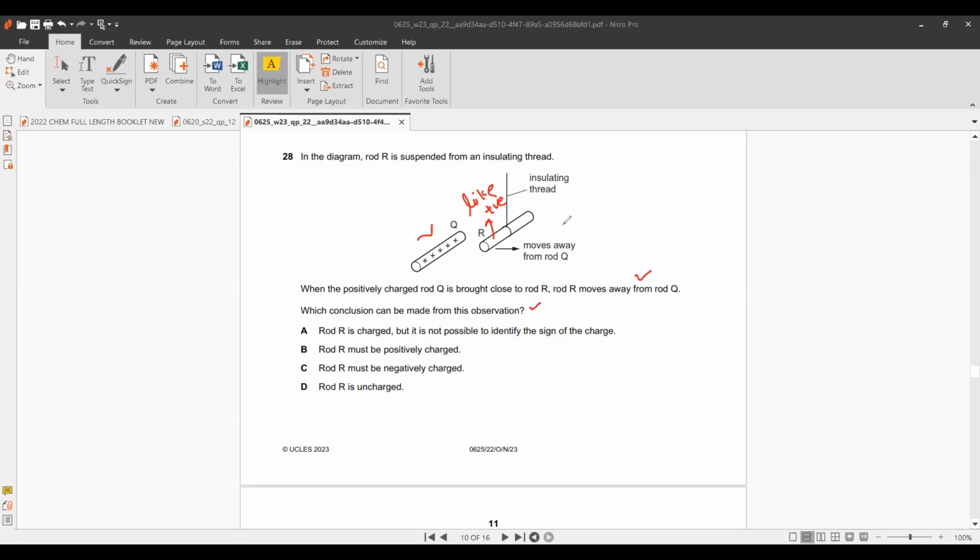We'll look for an option where they have written that it has a like charge. Rod R is charged, but it is not possible to identify: wrong. Rod R must be positively charged. Negatively charged: wrong. R is uncharged: if rod R had been uncharged, it should have been attracted towards the rod, because then charge would be induced.